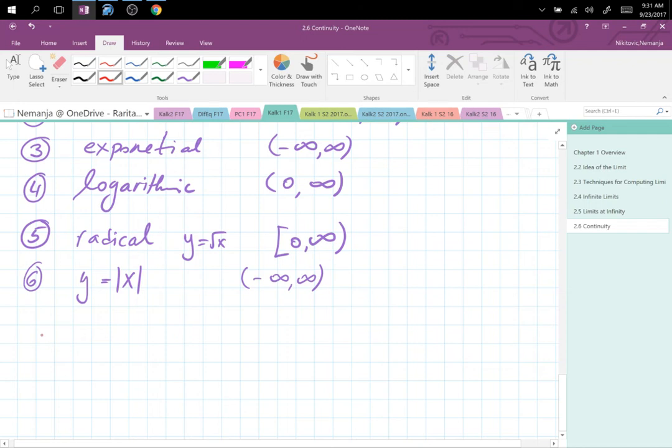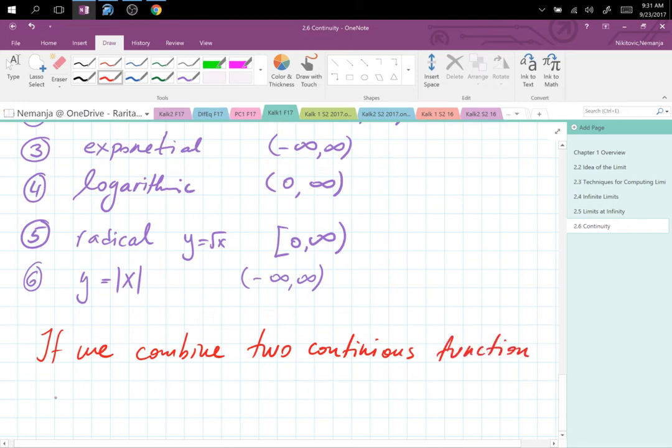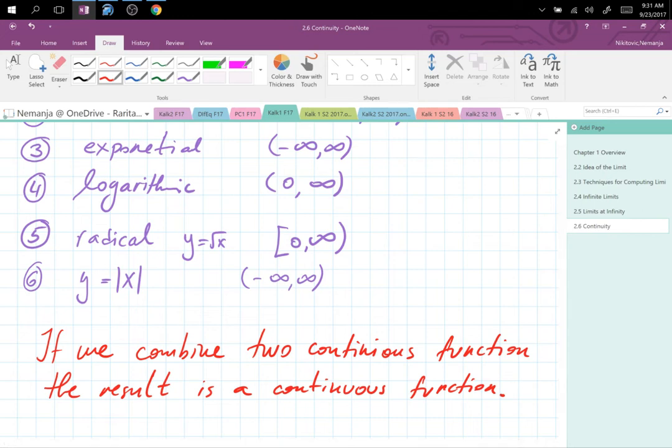So if we combine two continuous functions, the result is a continuous function. This statement includes function composition, which is when you plug one function into another. Very easy to ruin continuity.